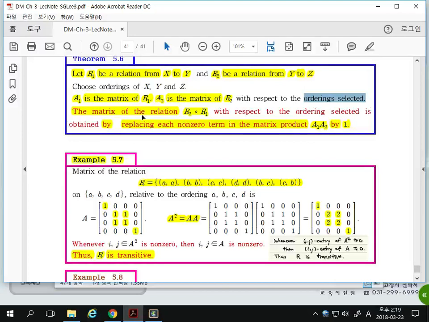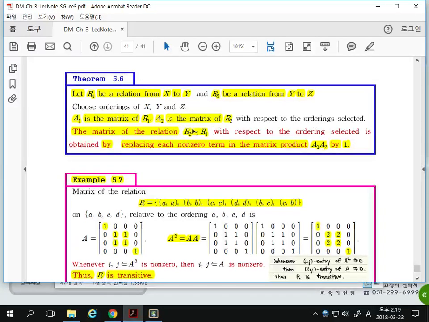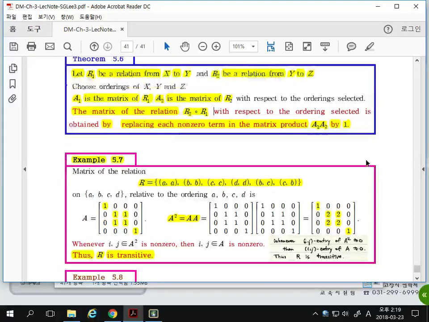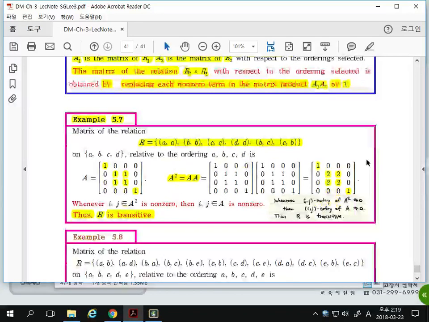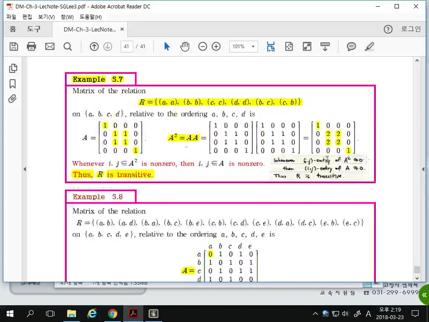Then the matrix of the composite relation R2 circle R1 with respect to the orderings selected is obtained by replacing each non-zero term in the matrix product A1 times A2 by 1. So when we define the matrix of the product of relations like this, it will work.